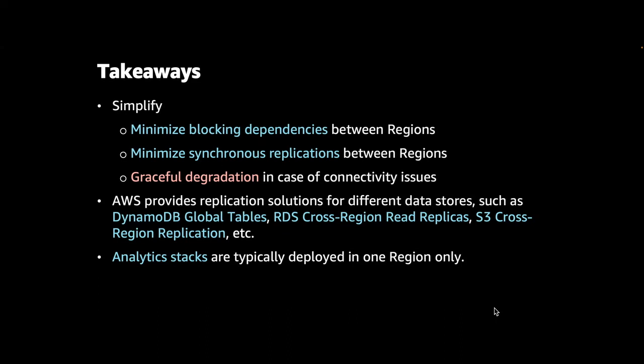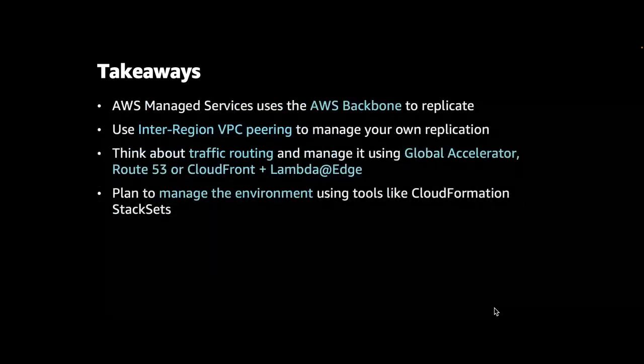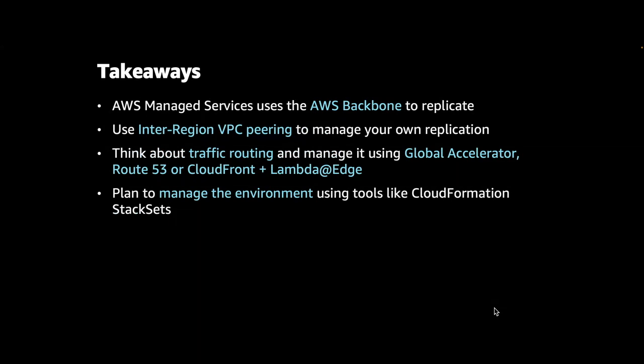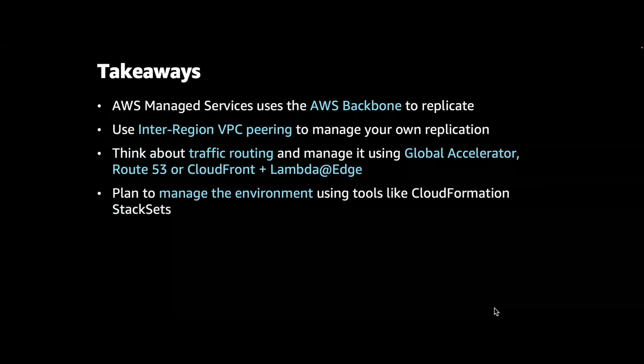And here are a few more things you need to consider. Think about using inter-region VPC peering to manage your own replication and also to use the AWS backbone for the replication. They are really straightforward, and they streamline the overall process.